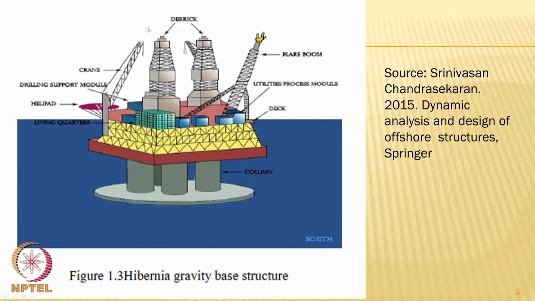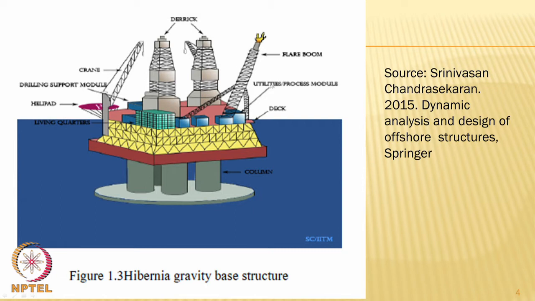These are the drilling derricks which are used for drilling wells into the seabed. These are the columns on which the top deck is supported. The deck usually is a multi-tier supporting system on which various mechanical and electrical systems are assembled. A flare boom is required to release the gas and extra flare from the top side of the platform.